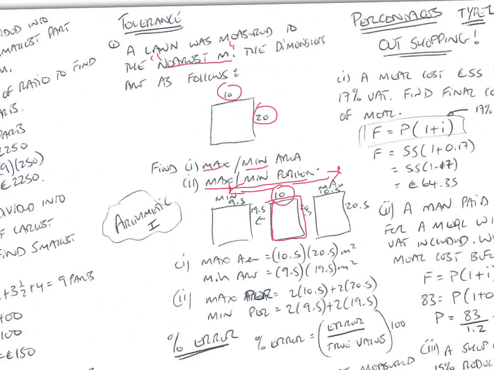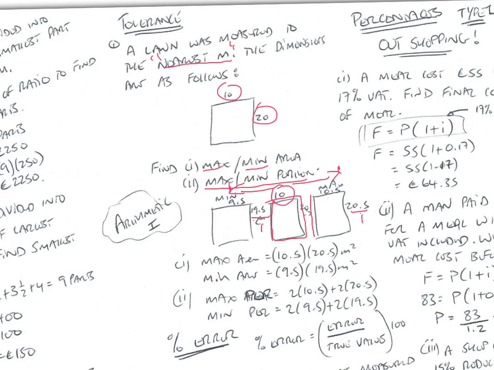Okay, so if that's the case, and it's the same actually if we've 20 here, the min is 19.5 and the max is 20.5. In other words, it ranges 1 metre between 19.5 and 20.5. So if that's the case, we redraw the minimum dimensions, 9.5 by 19.5, and the maximum dimensions, 10.5 by 20.5.